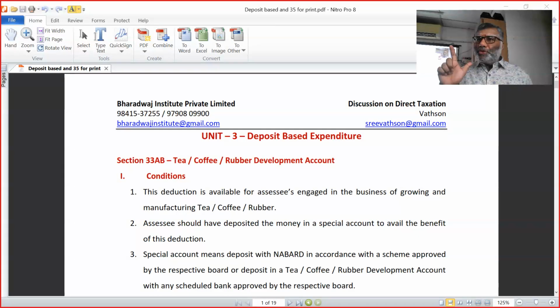There are two sections which get importance here. Two sections speak about deposit based deductions. One is the plantation sector, that is tea, coffee, rubber.